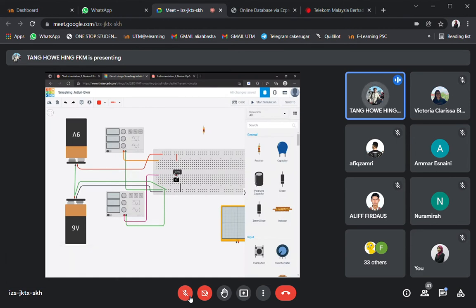Okay, so pin number 2 is inverting input, and pin number 3 is a non-inverting input. So non-inverting input goes to the ground, which is the green color. And then for the inverting input, we have a feedback resistor, which is from the output, which is pin number 6.